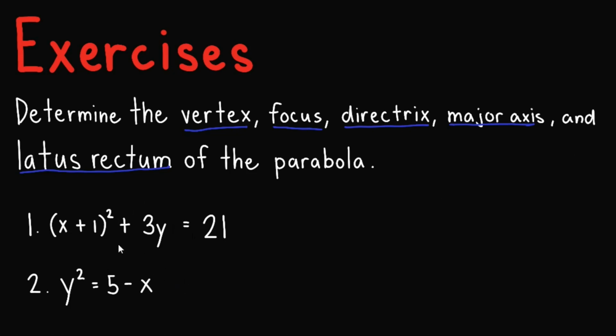Take note that these 2 equations are not still in vertex form. So that's the first thing that you need to do. And from there, determine the orientation, and it follows that you can find the parts of the parabola.